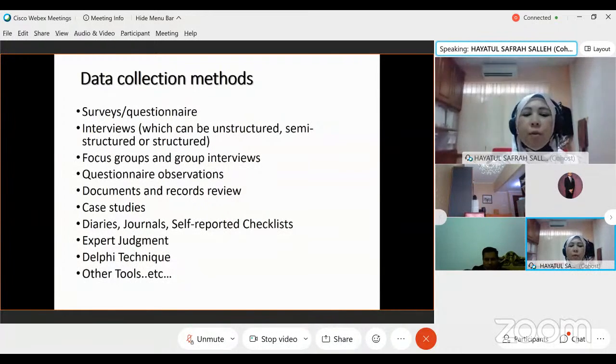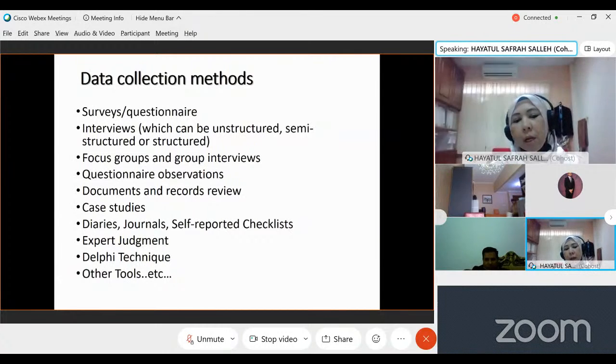So you ask them to put it in the diary or self-reported checklist. You give it to them, and then at the end of the weeks you collect it from them. From that you can analyze the data from what they wrote in their diary. So again, it depends on what types of study you are doing.